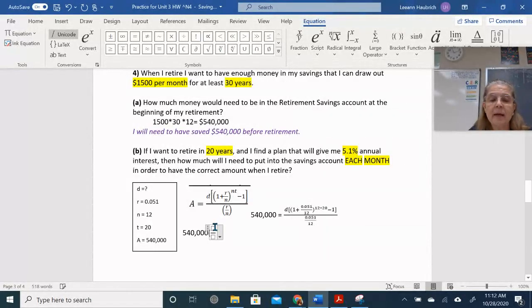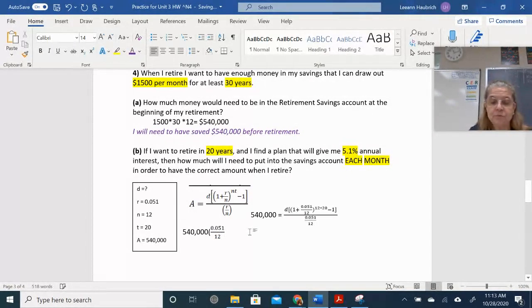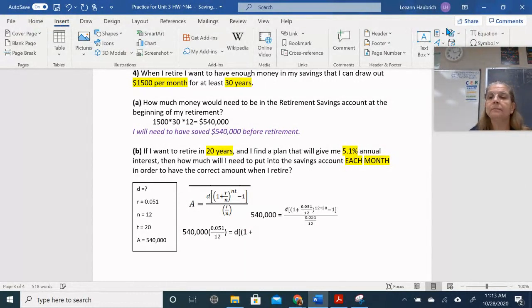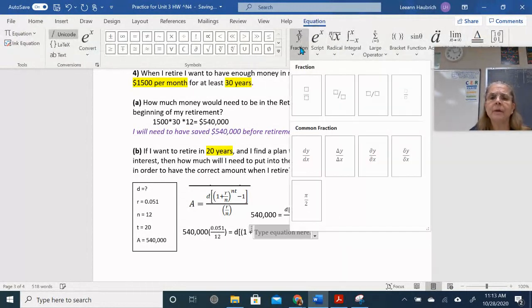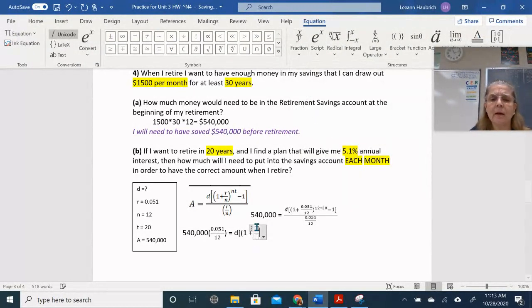So if I multiply by what's on the bottom, 0.051 divide by 12, which remaining on the other side will be the D times 1 plus, now I'm going to add the fraction in again, just trying to keep it straight in my head so that when I go to put this in the calculator, I know what I'm putting in.